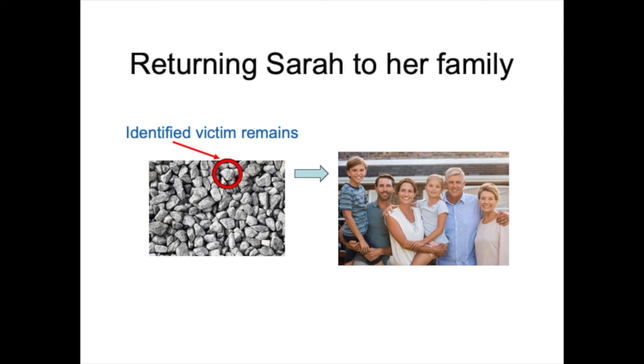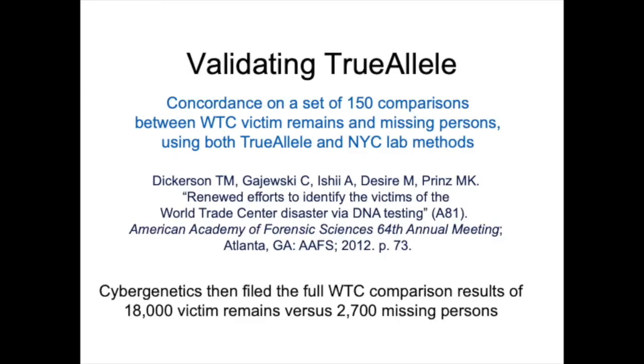In this story, it corresponds to Sarah, and then Sarah's victim remains can be returned to her family for closure. And from the family's perspective, that's partly the point of why all this DNA work has been done. From the medical examiner's perspective, they can now close the case, the person's been identified, and their death can be registered.